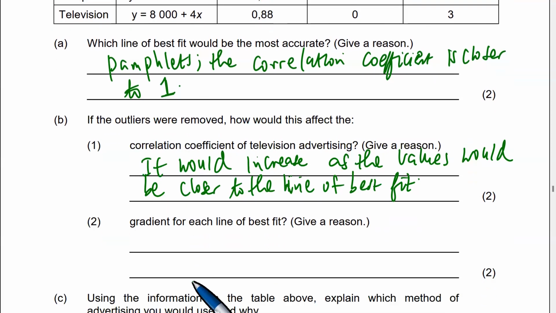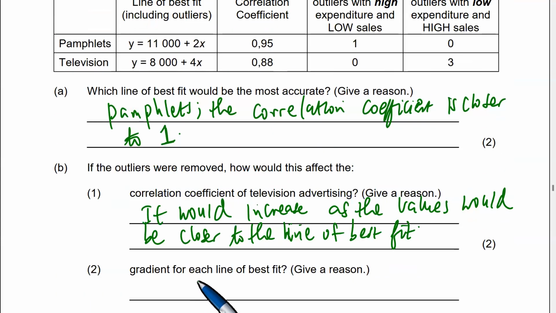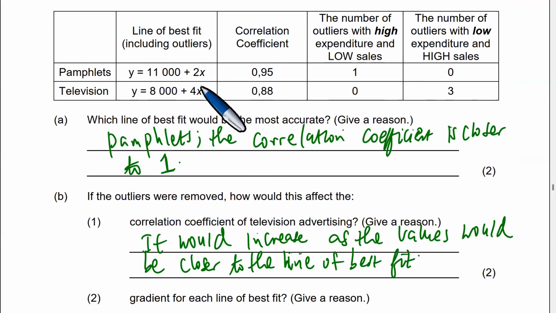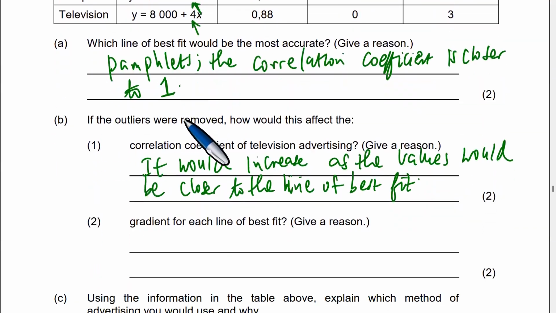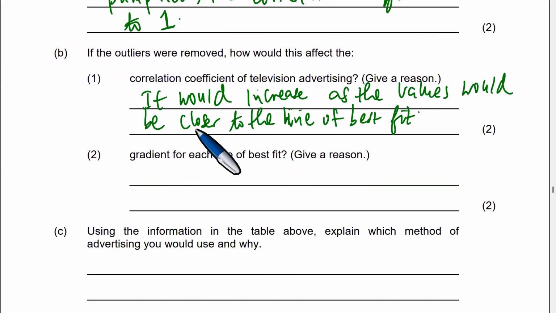Gradient for each line of best fit, how would the gradient be affected? Obviously, the gradient is actually the coefficient, like 2 here, the coefficient like 4 there. It's like A plus BX, so how would the value of B be affected? Let's speak about the pamphlets first.